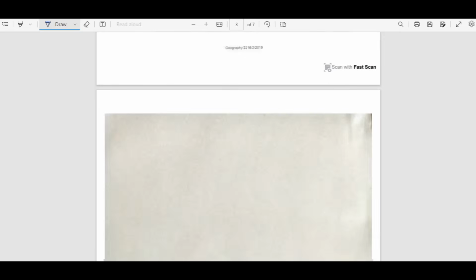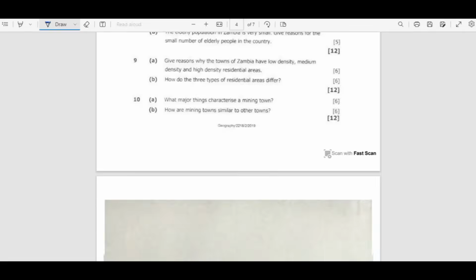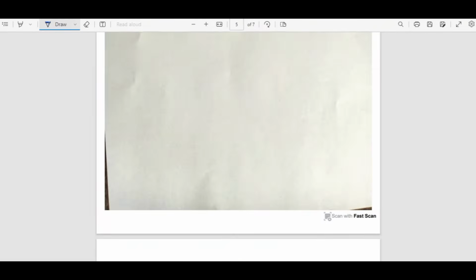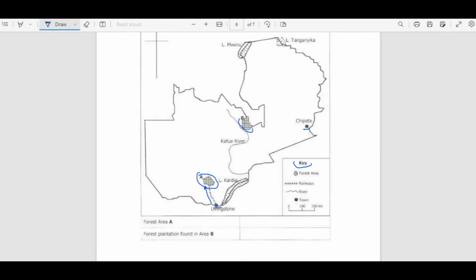So there is a space on the map there. So if we can find the map so that we can look at it. Yes, so we have forest area A.